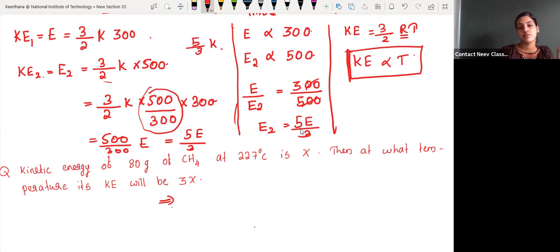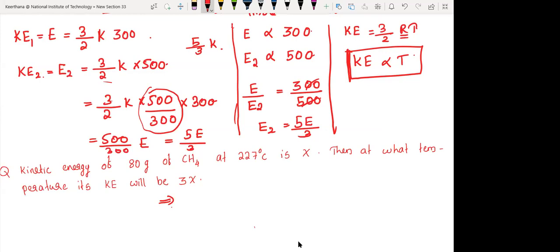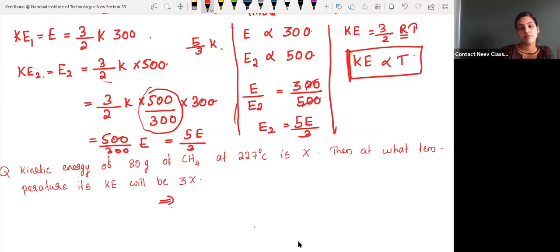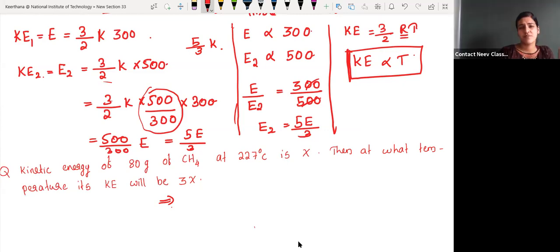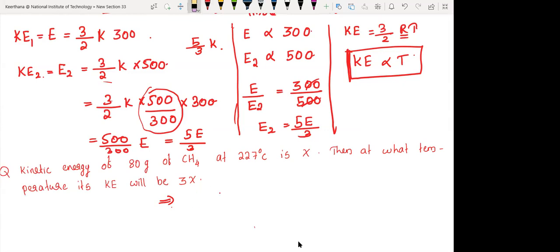Just in 2 seconds. 3. 3 times 3. 3 by 5. I'm asking the temperature. 3 by 5 Kelvin. No. 1 second. 1500 Kelvin. Yes, it is 1500.